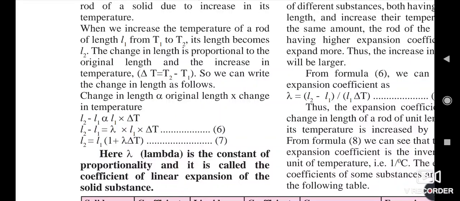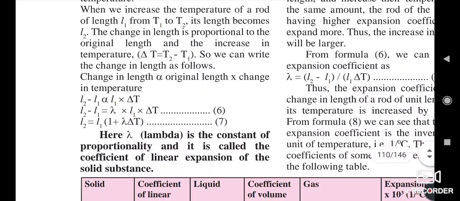That is, L2 minus L1 is equal to lambda into length 1 into the change in temperature delta T. So L2 is equal to L1 into the bracket 1 plus lambda delta T.